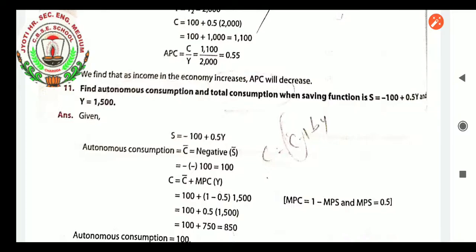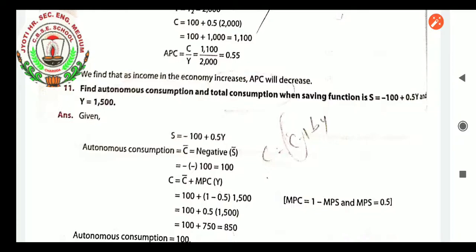So here in this question, first of all, understand the concept of autonomous consumption. Sorry for the disturbance.